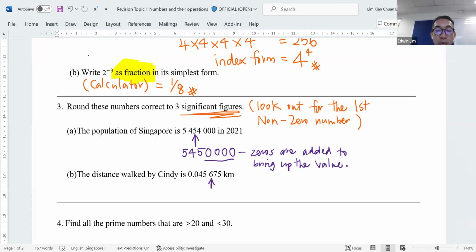So my answer will be 0.0456 or 7. Actually, 7. Because the number next to 6 is 7, which is more than 5. So this is my answer to question 3B.